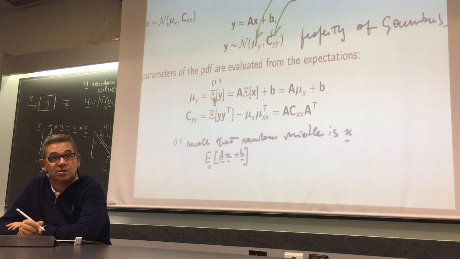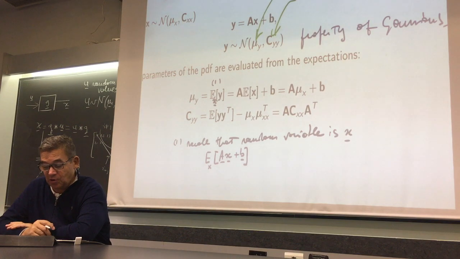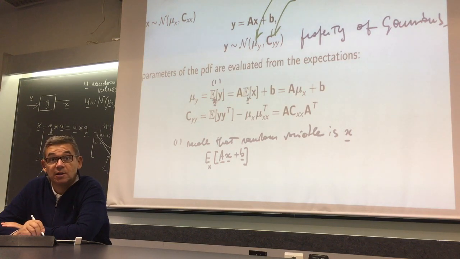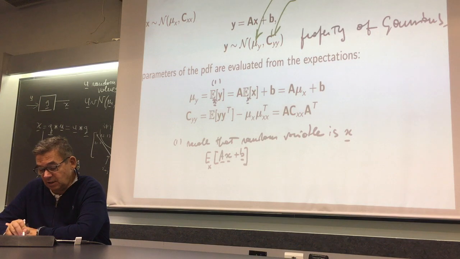So the expectation does not apply on b, does not apply on a. And this gives the formula which is indicated here. When I apply the expectation with respect to x on x, that is a mean. So the outcome formula is that the mean out is the mean in, mu x, multiplied by the transformation a plus b.